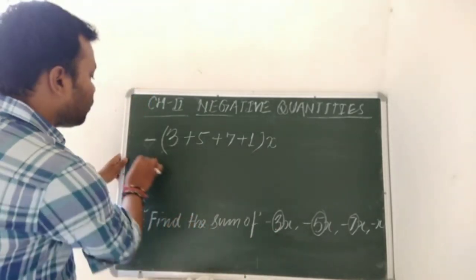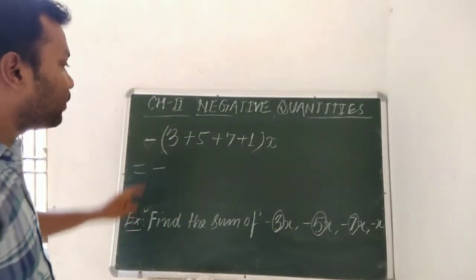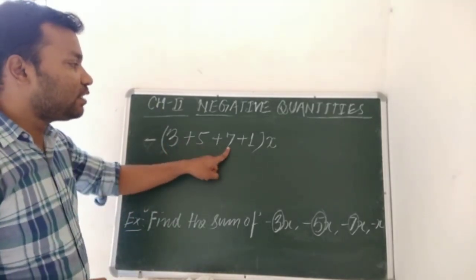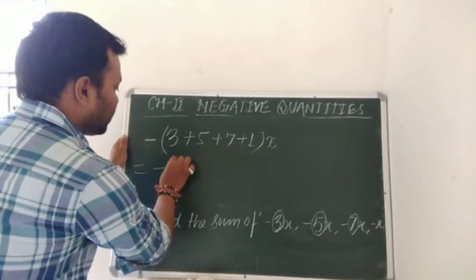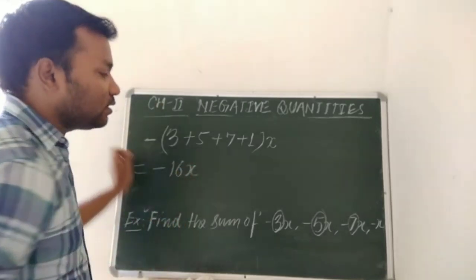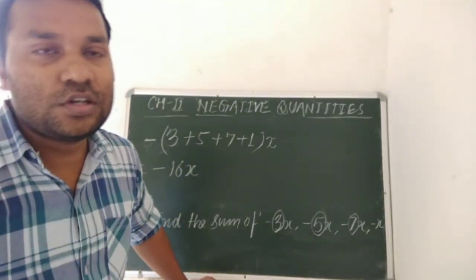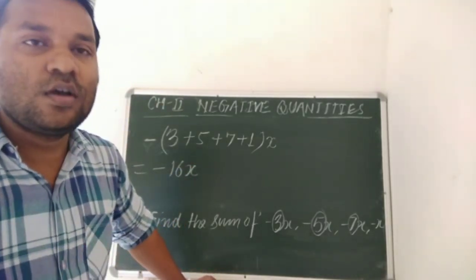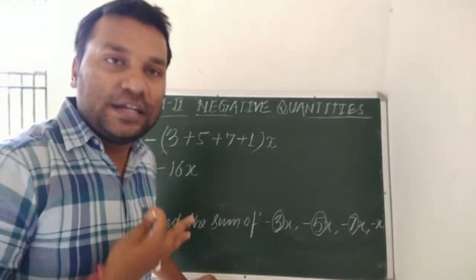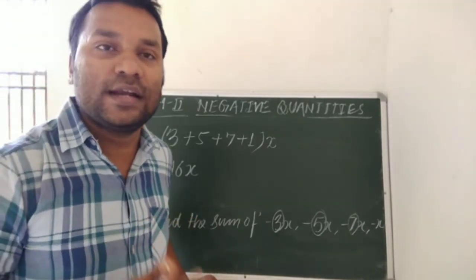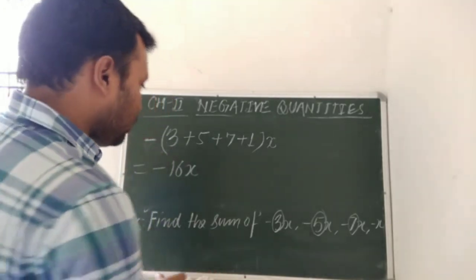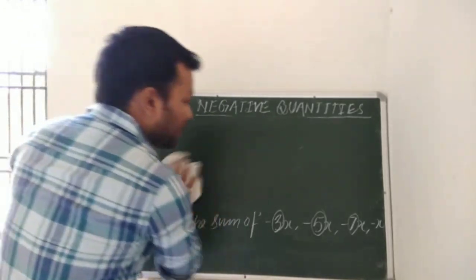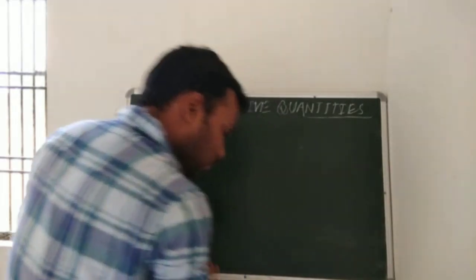So now we can easily find the sum: 3 plus 5, 8, 8 plus 7, 15, 15 plus 1, 16. So our answer will be minus 16x. Students, this is how by applying this rule we can find the summation of negative quantities. Now let's take one more example from our exercise.